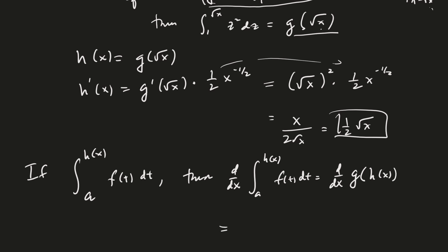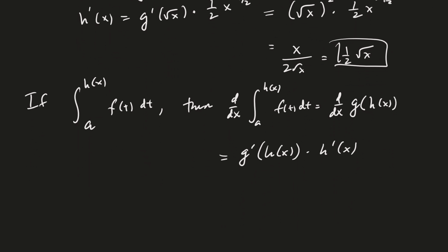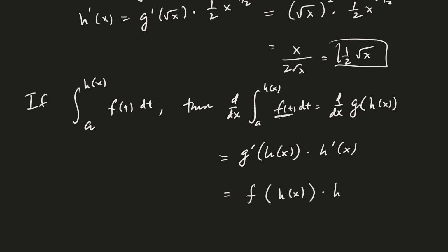And so the derivative is going to be g prime of h of x times h prime of x. And so let's put it back into this notation. G prime of x is f of x, so that's going to be f of h of x times h prime of x. Good.